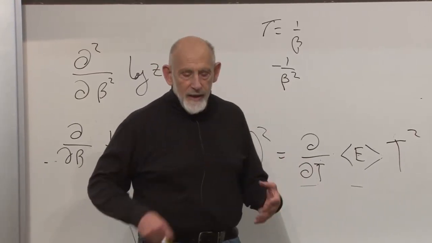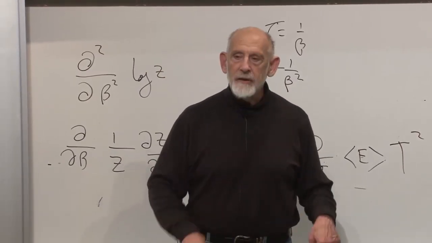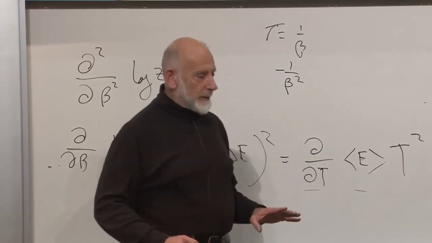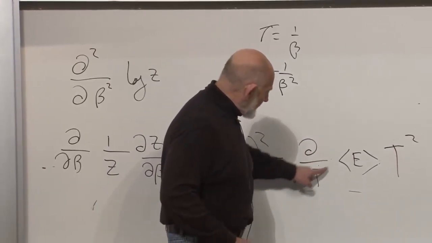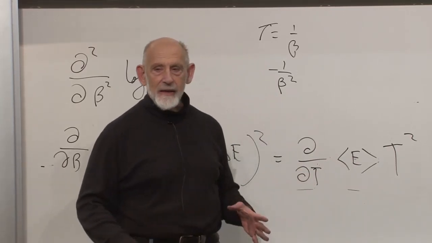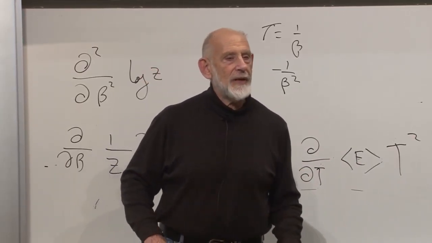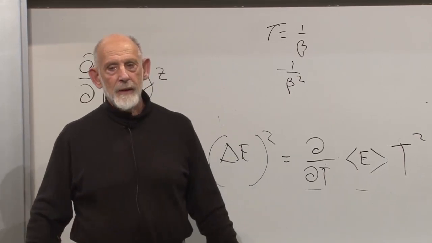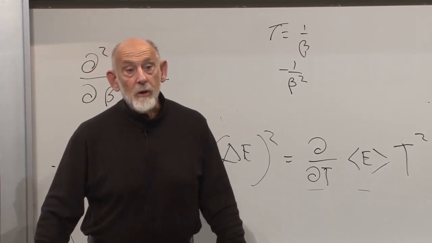How much do you have to heat a bucket of water to change the temperature by 1 degree? This quantity, the derivative of E with respect to T, is the specific heat. Do you know the symbol for specific heat? C.